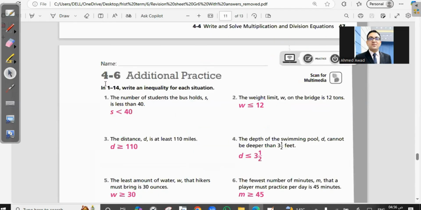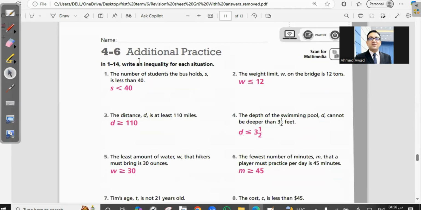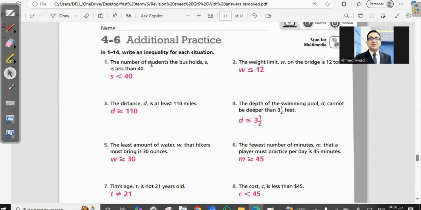Now, next lesson, guys. The next lesson is about how to write inequalities. The number of students on the bus is less than 40, so S less than 40. The weight limit means not more than.